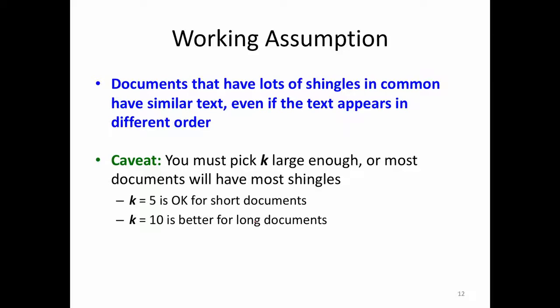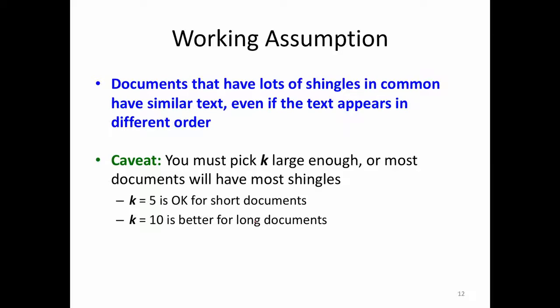Then k equal to 1 means all the English characters, and all the characters may appear in all the documents. So you have a set of 26 shingles, each of which appears in all the documents, so the similarity between all pairs of documents is 1 in this shingle space.